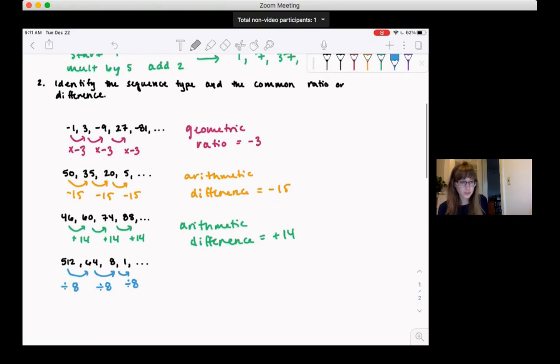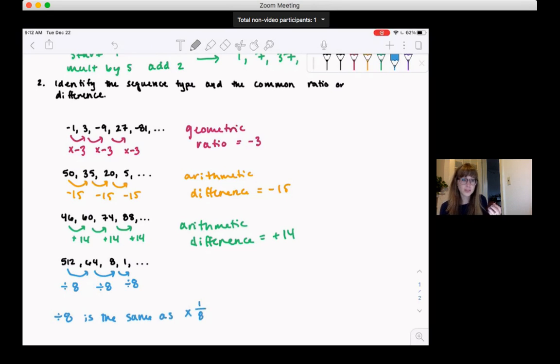So does that make it geometric or arithmetic? So it's clearly not arithmetic because we're not adding or subtracting. And it turns out it's geometric because division can also be represented as multiplication by a fraction. So dividing by 8 is the same as multiplying by 1/8.